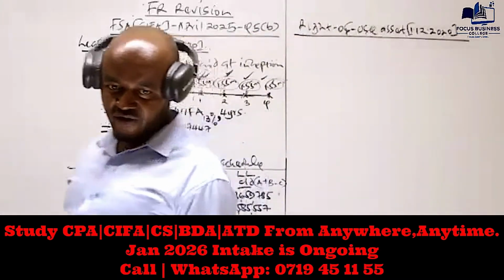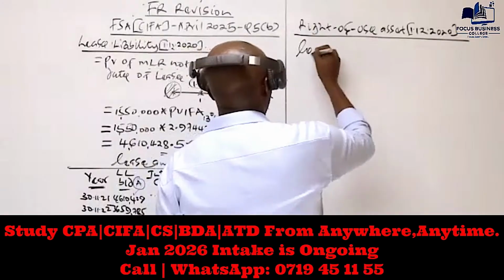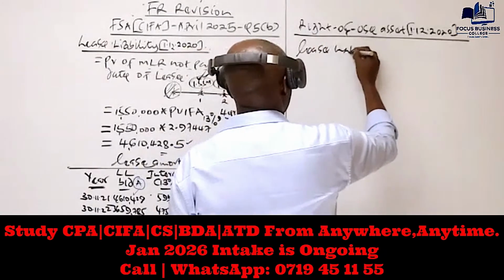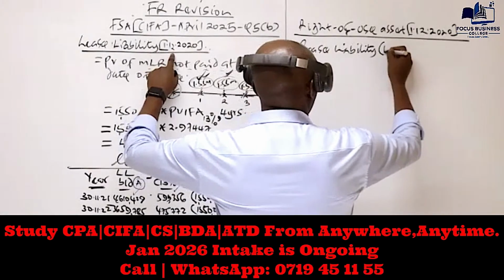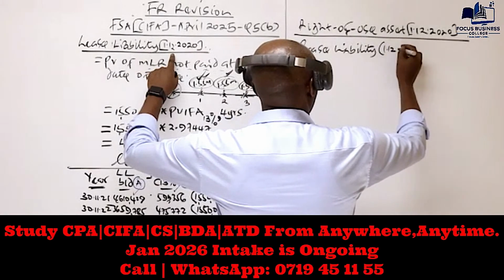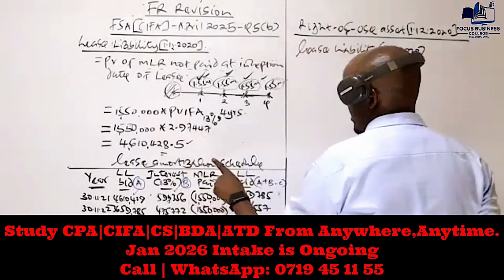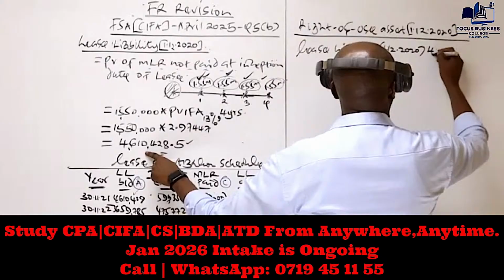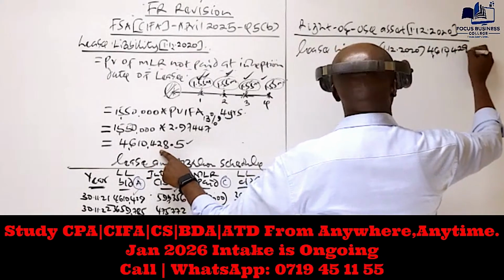Now, to compute the right of use asset, we said we add three values. Number one, we take the lease liability at the inception date, which is 1st December 2020, and the lease liability at the inception date is what you have computed here, 4,610,429.